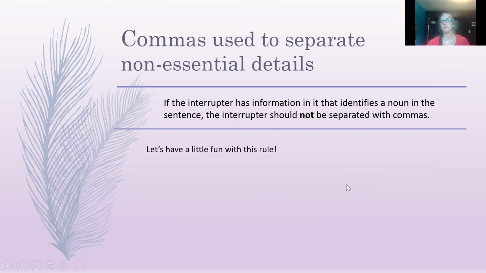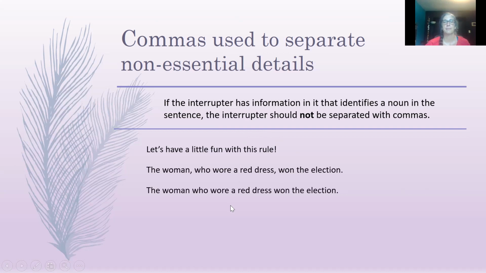So let's have a little fun with this rule. For those of us that are kind of grammar nerds, this is a fun little thing to do to play with someone at a party or in a little get together. Give them these two sentences. The woman, who wore a red dress, won the election. The woman who wore a red dress won the election.